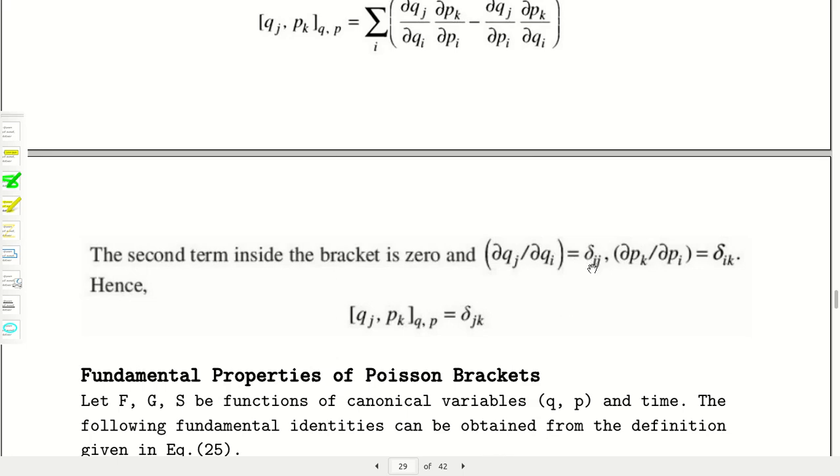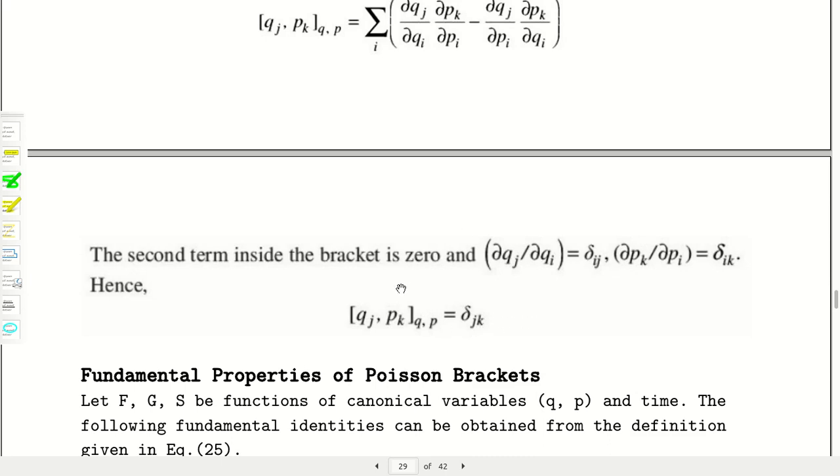You can think very easily that if two same indices appear in two different Kronecker deltas, then it is no more a free index, so you should omit that, and delta ji into delta ki will be equal to delta jk.